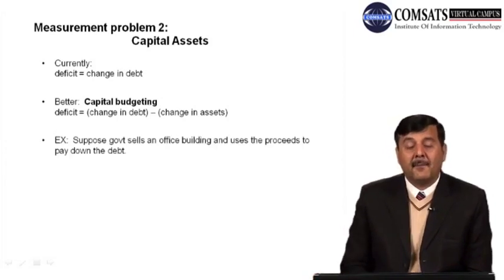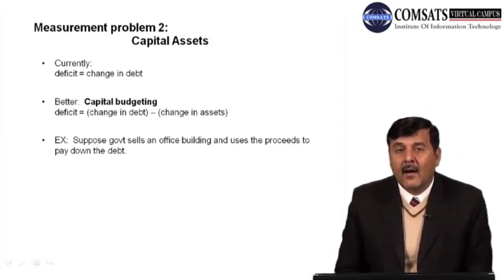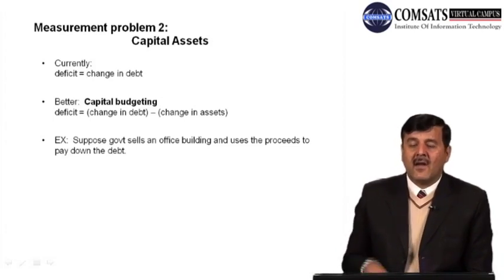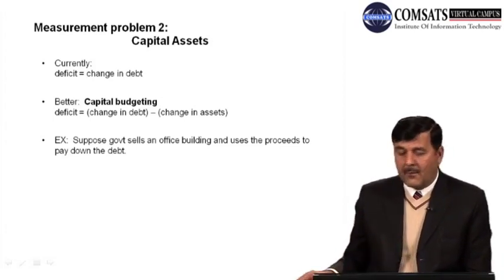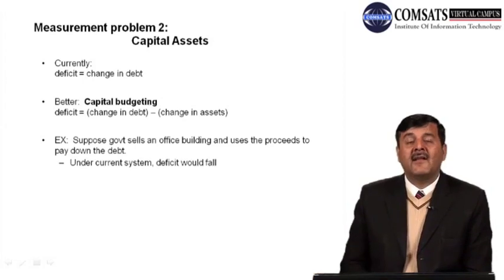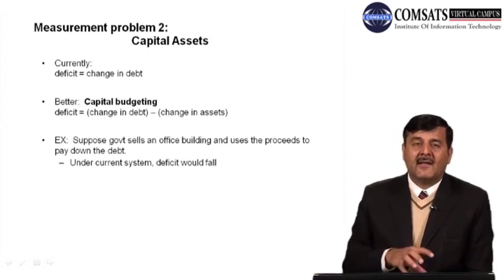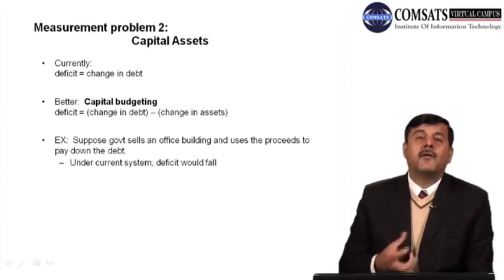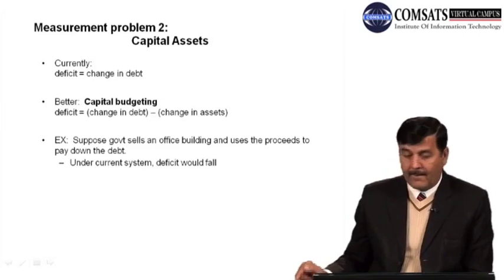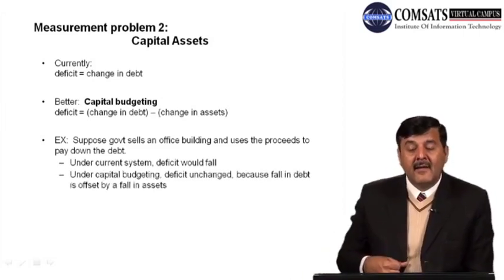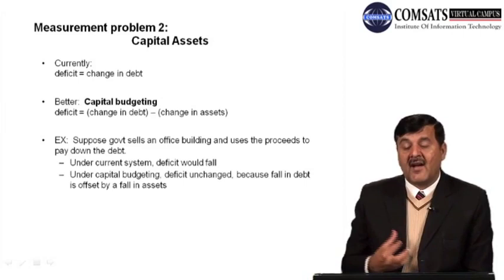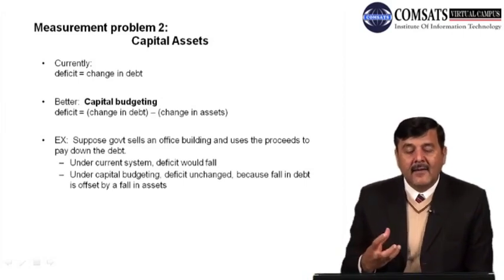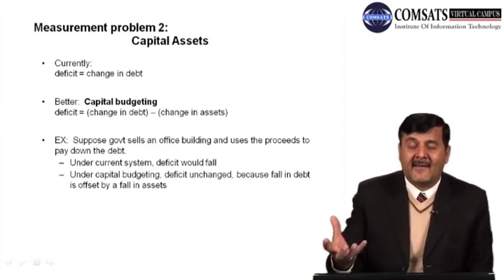Now suppose, for example, government sells the office building and uses the proceeds to pay down the debt. What will happen under the current system, where deficit is equal to change in debt? Under the current system, deficit would fall. Under capital budgeting, deficit will remain unchanged because the fall in debt is offset by a fall in assets, right?